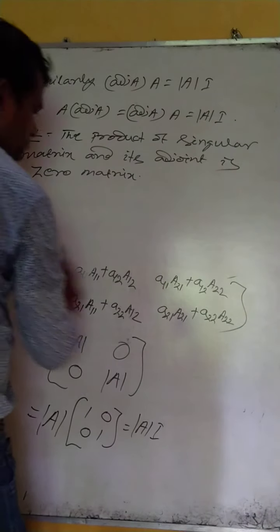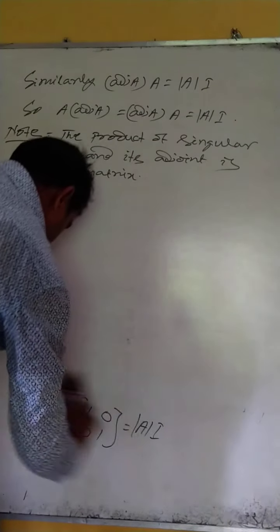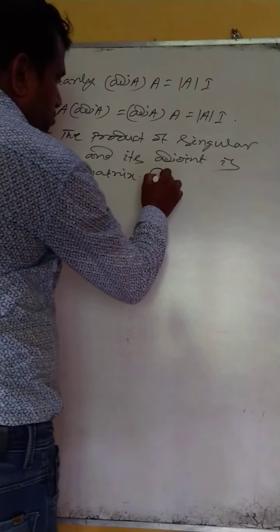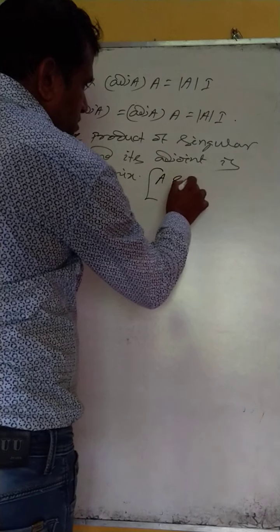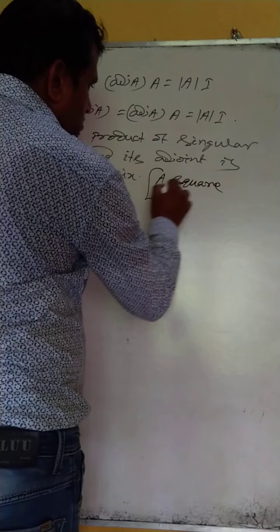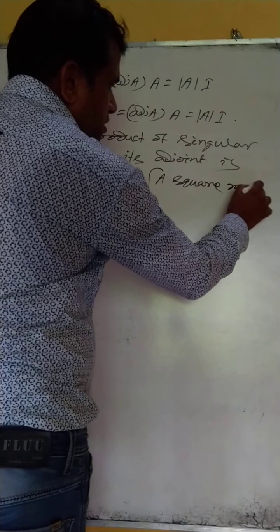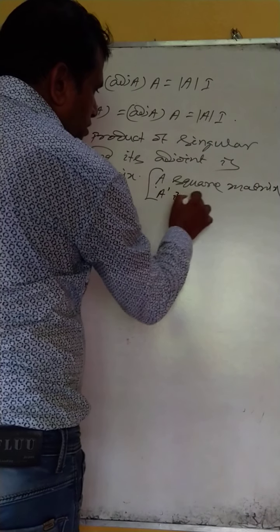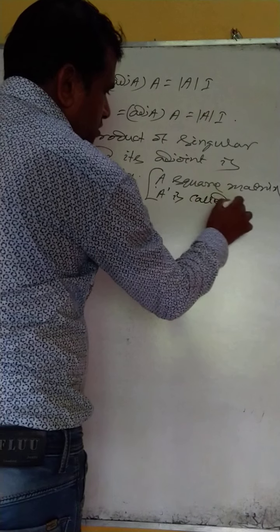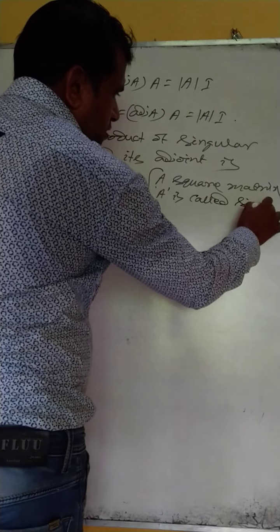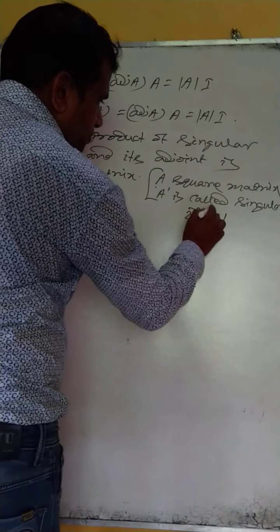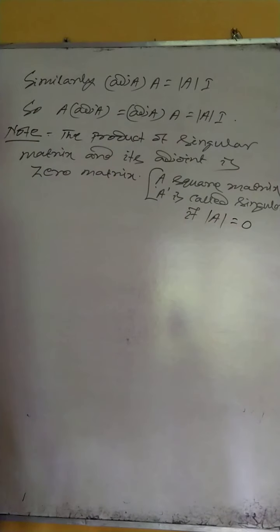Okay, you know a square matrix capital A is called singular if determinant A is equal to 0.